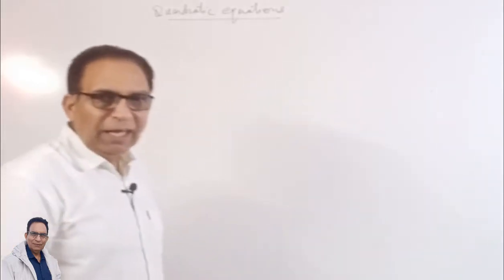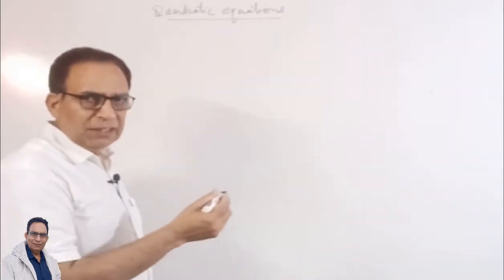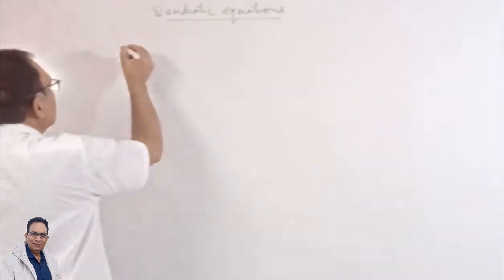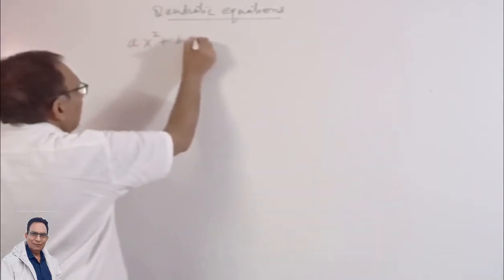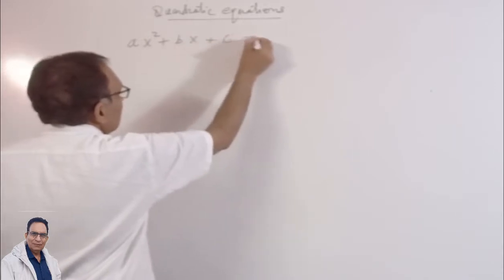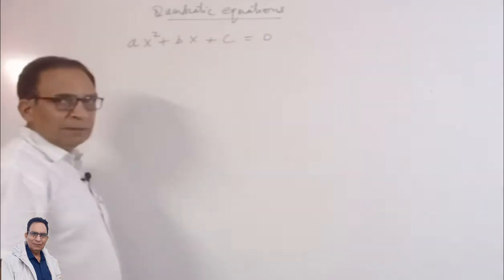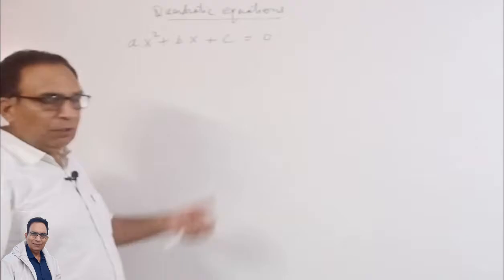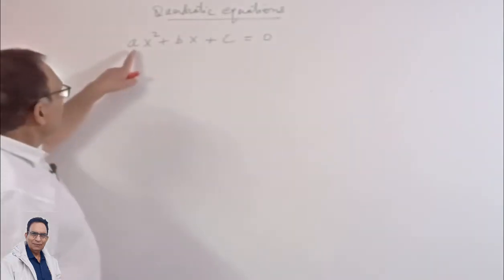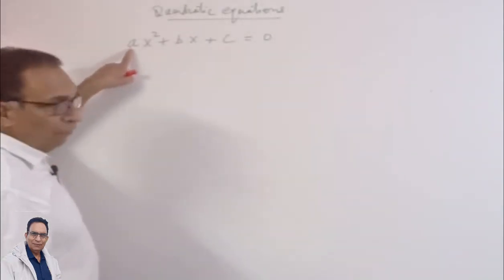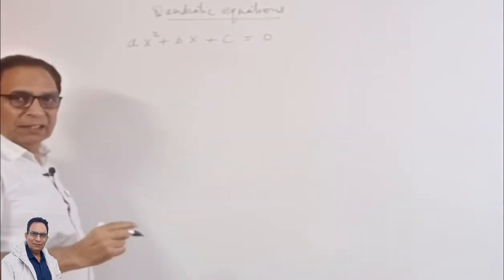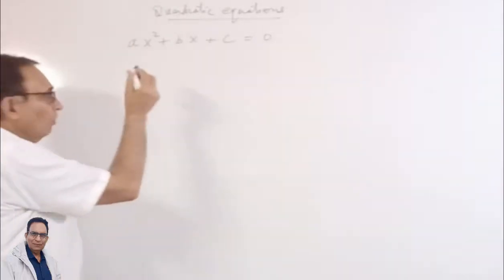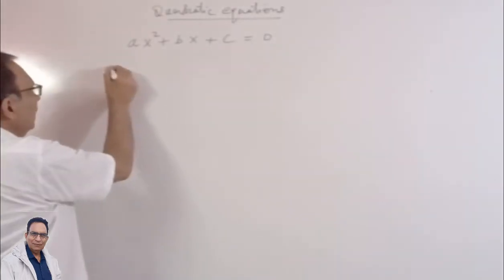For that, I am writing the general quadratic equation, which says ax square plus bx plus c is equal to 0. In this equation, see the coefficient of x square and divide the whole equation by it, meaning I have to divide by a.